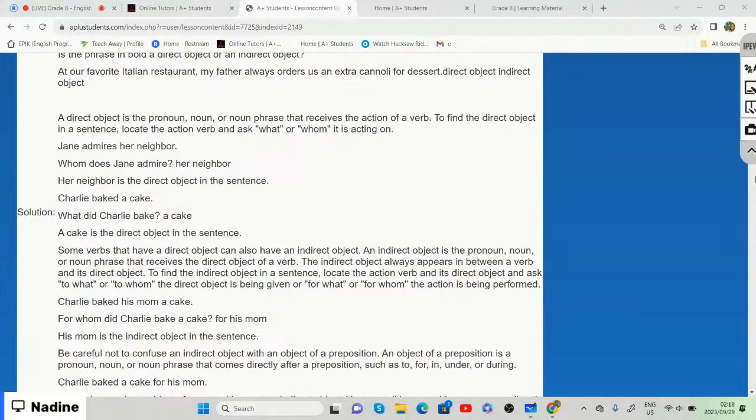And once again, I'll make an example: Jane admires her neighbor. So we need to ask ourselves, who does Jane admire? It's her neighbor, which means that her neighbor is the direct object within the sentence.